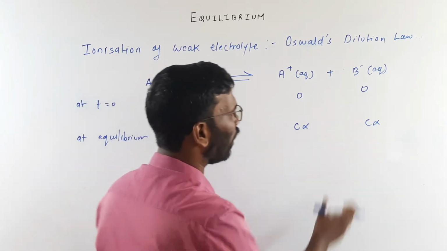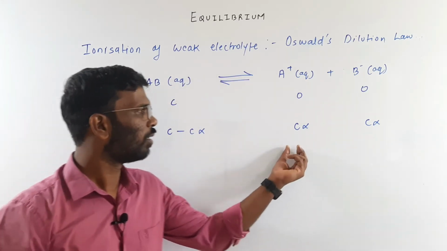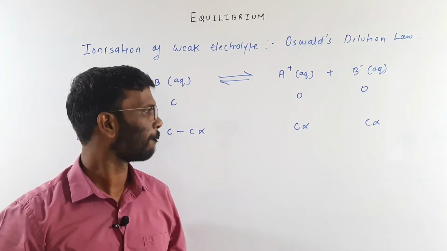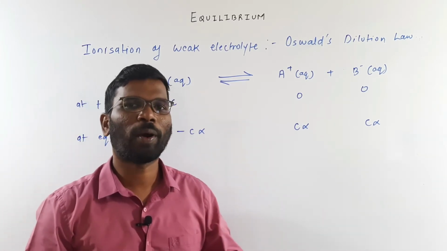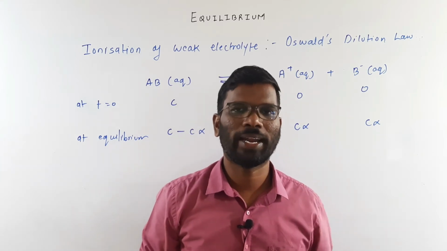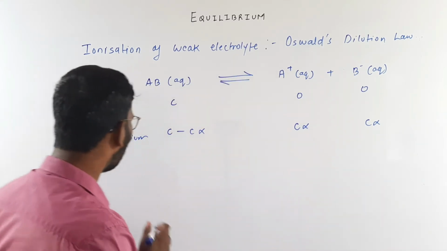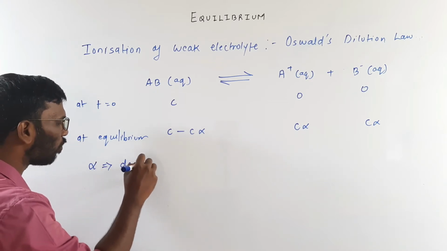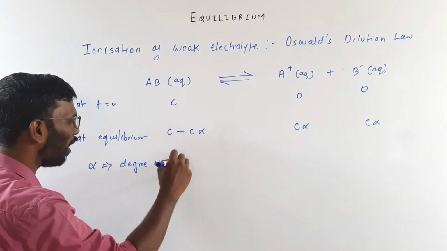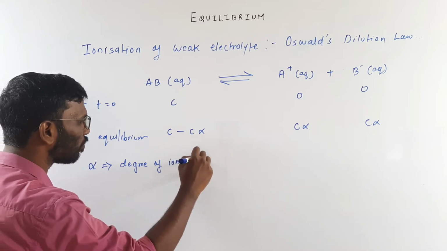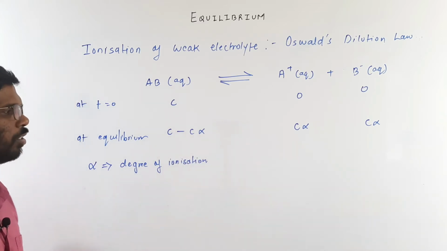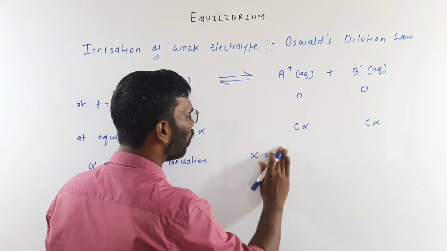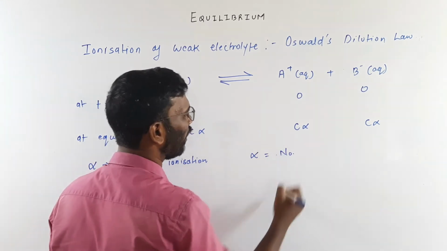This C alpha and C alpha represent the concentration, like how much of the AB is getting dissociated into ions. Alpha is the degree of ionization.